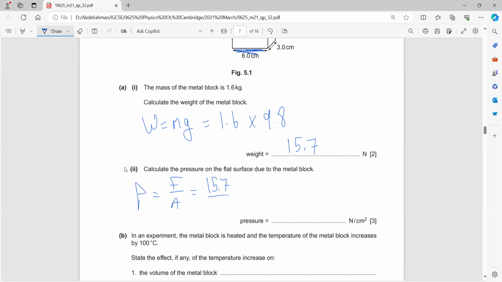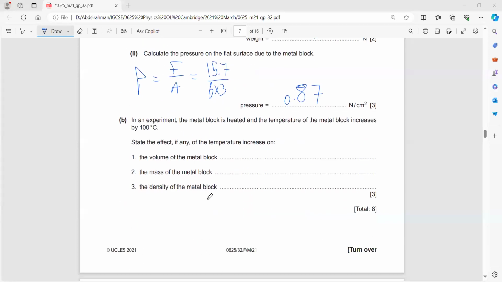This is the area of the base. 15.7 over 6 times 3 would be 0.871, so 0.87. Good. Moving on to the next question.